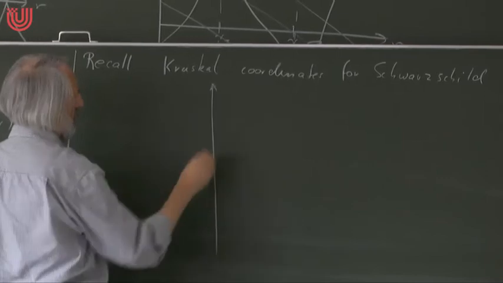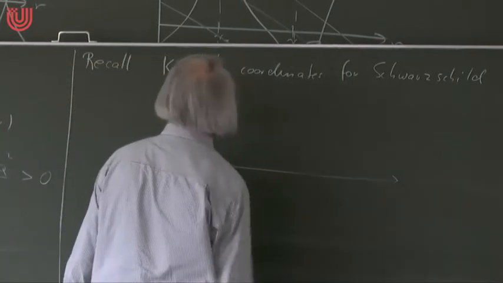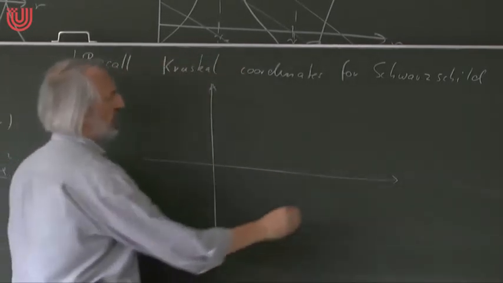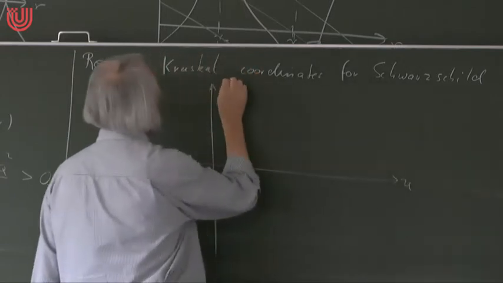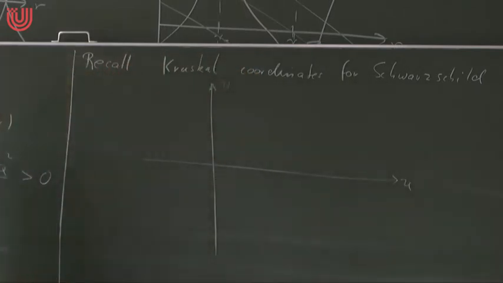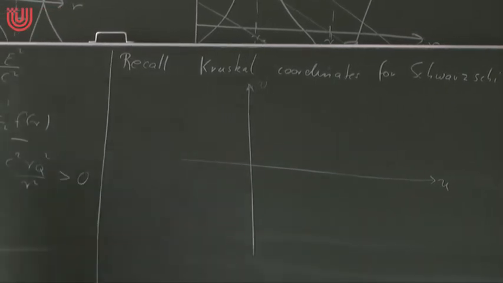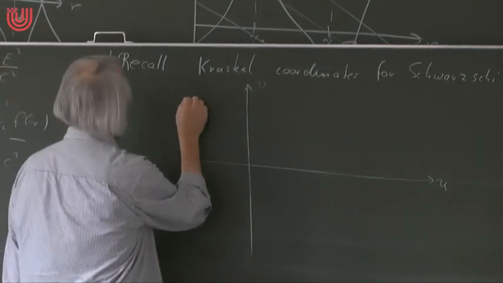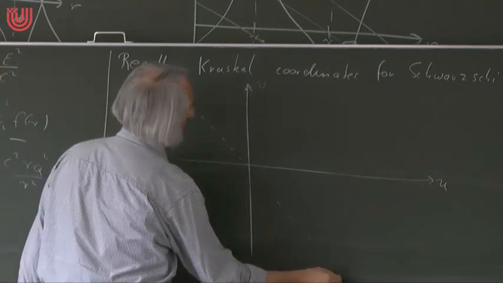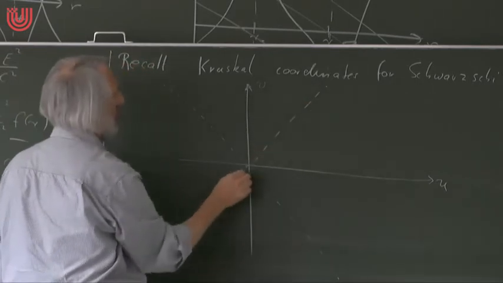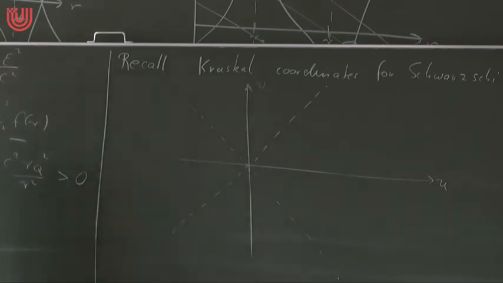I think I don't have to write down the transformation again, but I gave you the transformation. I called these coordinates u and v. These Kruskal coordinates u and v, which allowed you to depict the maximal analytical extension of the Schwarzschild spacetime in one diagram, in one coordinate picture.